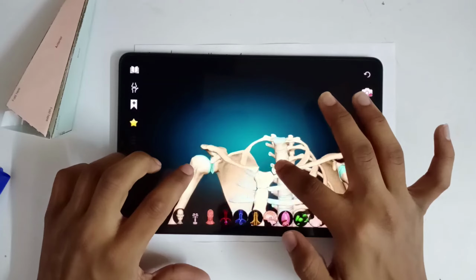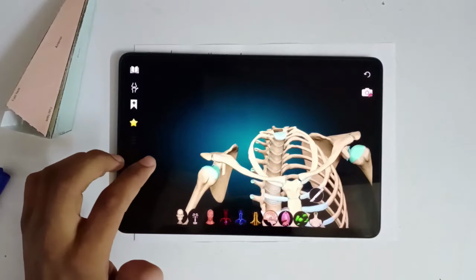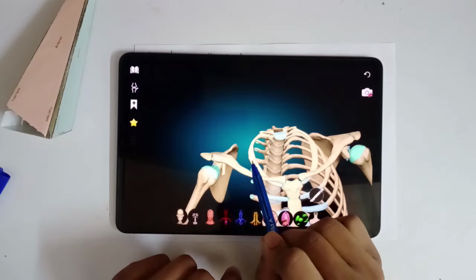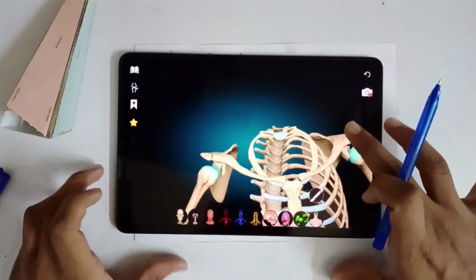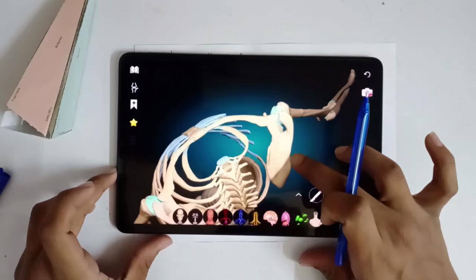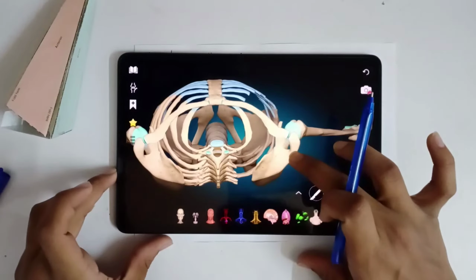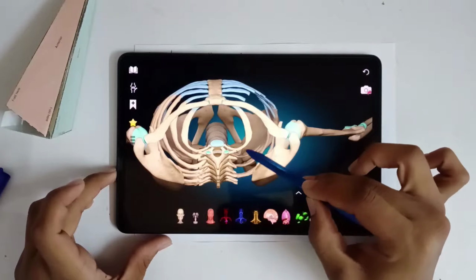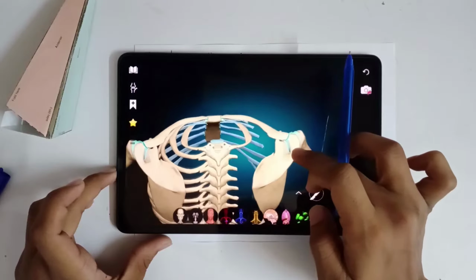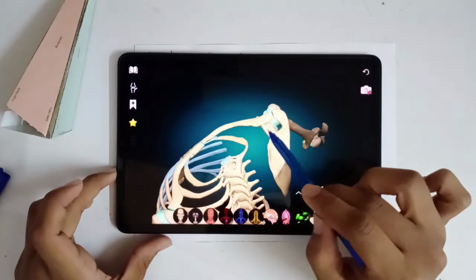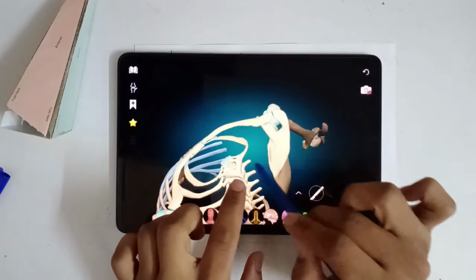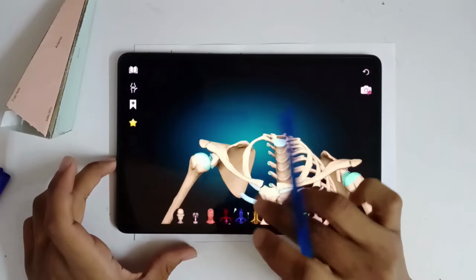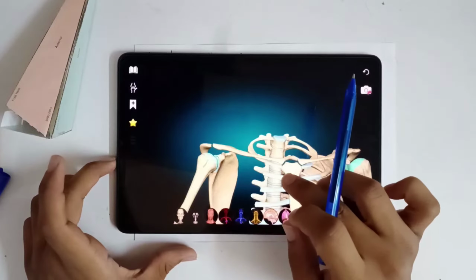In this model, I have kept only the clavicle, scapula and first rib. Showing you from the top view, can you see this? Almost a triangle. This route between the scapula, clavicle and first rib forms the cervico-axillary canal.